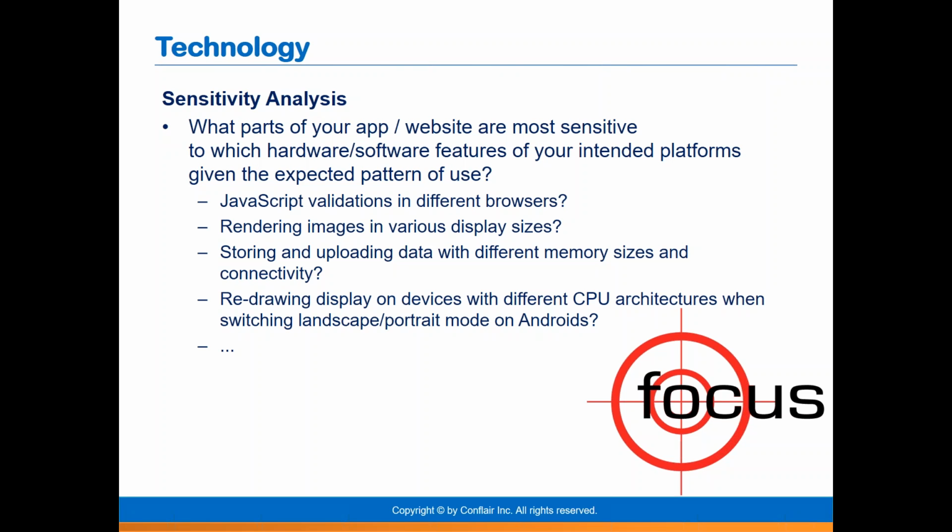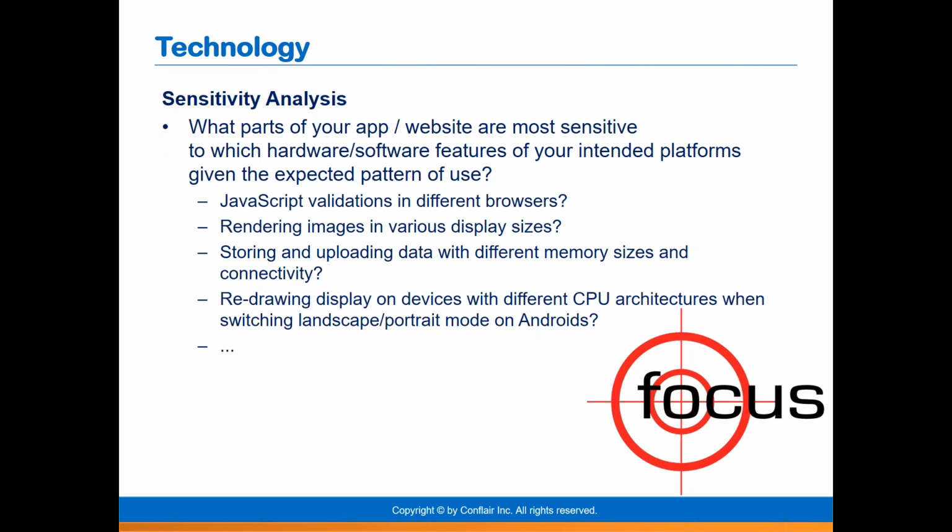So here, for example, if I am in a hurry, I probably wouldn't test it on both iOS 9 and iOS 10. I would test it on iOS 10, but in different browsers. Now, is rendering images relevant to my app? If yes, then I must test it in different display sizes.